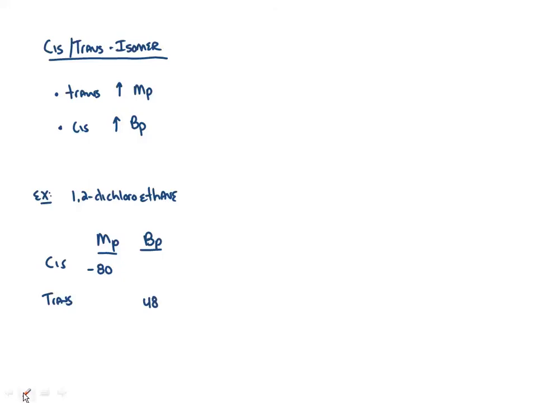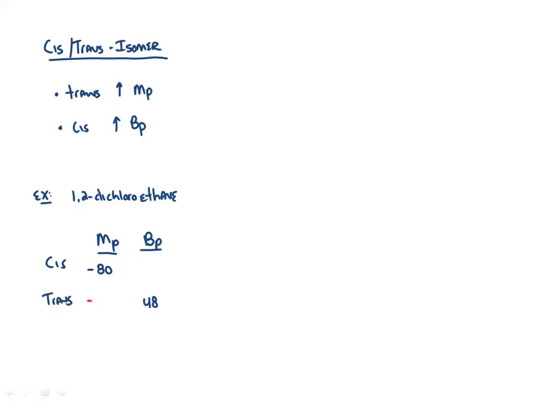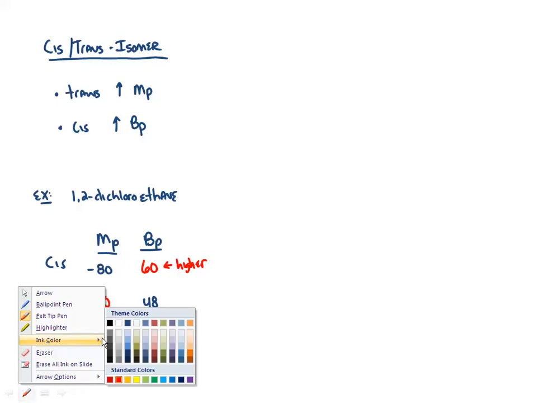And then I'm going to switch colors just to emphasize it. This is minus 50, so notice this is higher. And this is 60, notice that this is higher. And so it's opposite. One has a higher melting point, the other has a higher boiling point.